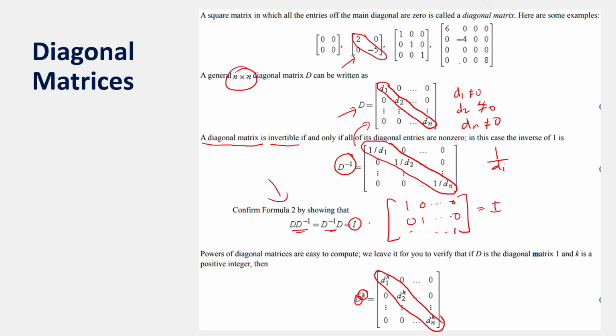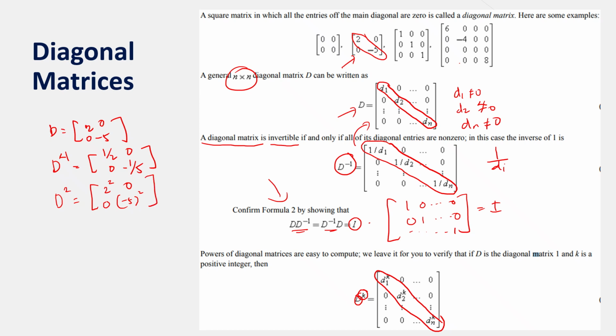The inverse of this D matrix is 1 per 2, 0, 0, minus 1 per 5. What about D to the power of 2? Then you have 2 to the power of 2, 0, 0, and minus 5 to the power of 2. That's how you use this.